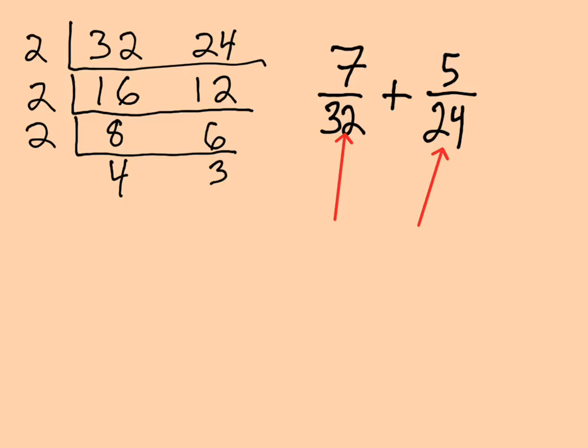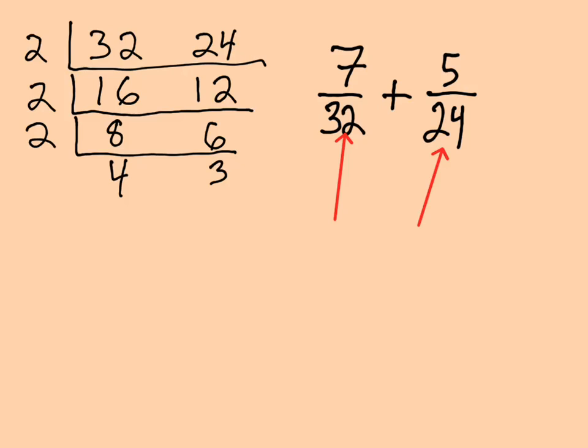If you remember, the LCM was 96. Well, now these are denominators, so we don't call it the lowest common multiple. We call it the lowest common denominator, but it's really the same thing. So I'm going to find the LCD of these two fractions, which is 96. But I'm not even going to use that part. I just need to know that in my mind.